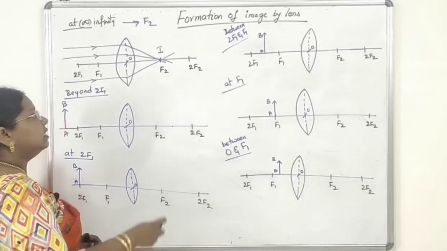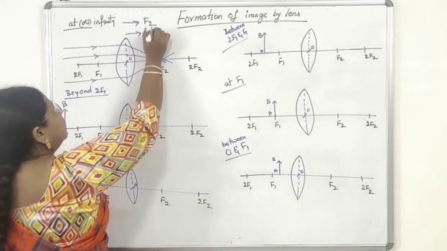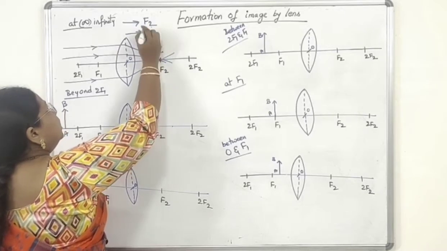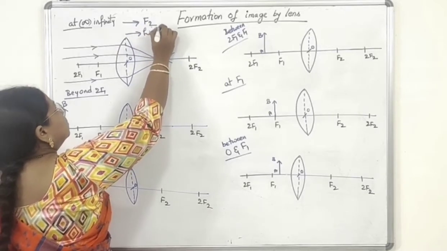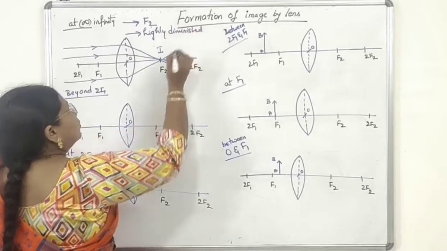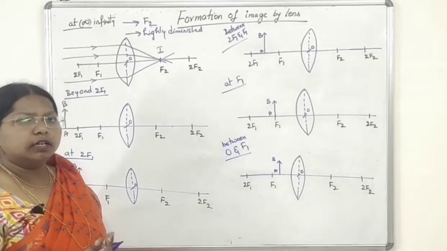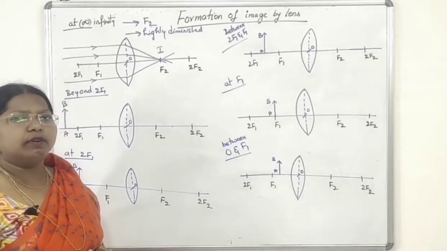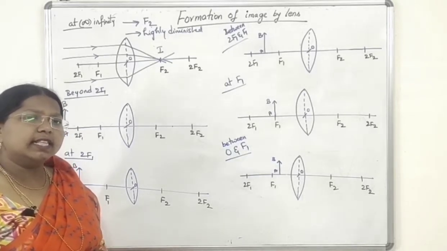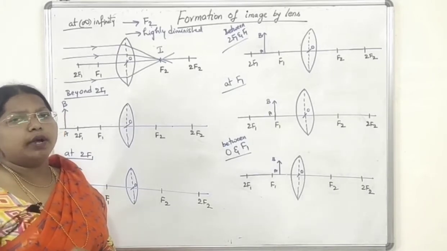So the size here is highly diminished, or diminished to a point. Point image. Different textbooks talk about different words, but whatever it is, they are telling the same thing: highly diminished, decreased to a point.